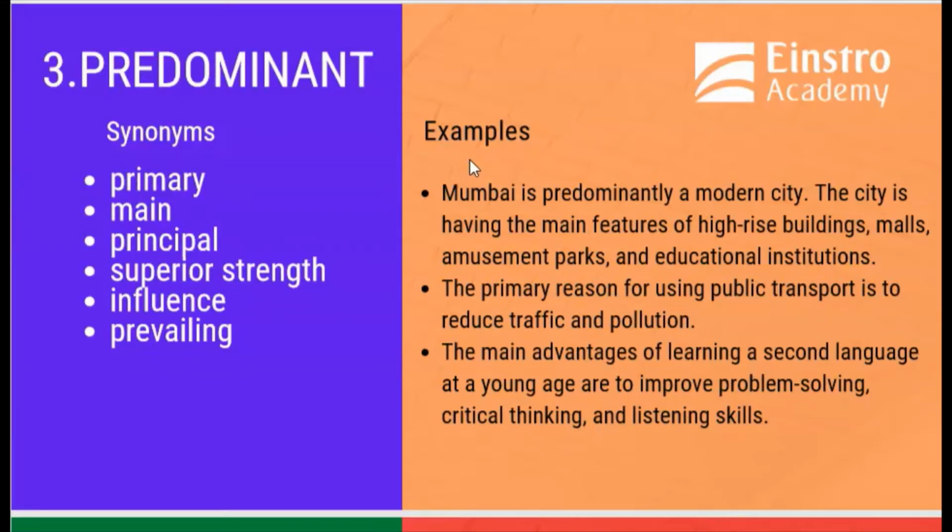Imagine you're talking about a city or a country, and you say Mumbai is predominantly a modern city. Then you explain how it is predominant: the city has the main features. You see, again we have used main. Main features of high-rise buildings, malls, amusement parks, and educational institutions.